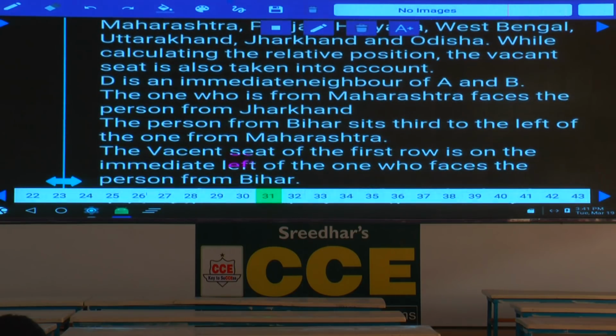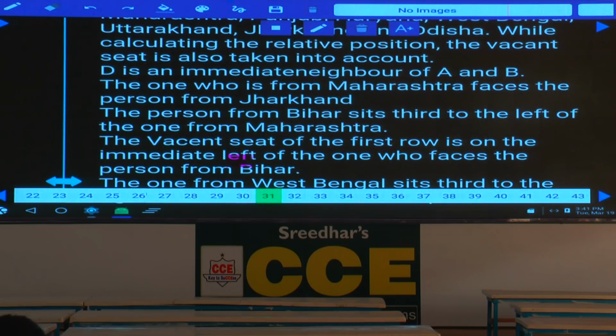Now this is the basic description of the given puzzle. Hence in each row 6 places are there, 1 is vacant and only 5 persons were seated. Then condition number 1, D is an immediate neighbor of both A and B.